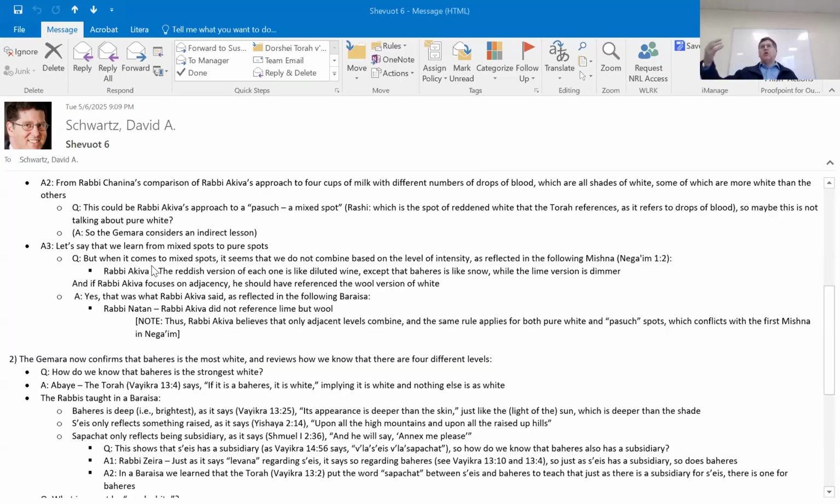The eye would say, where does the stronger light come from? It must be coming from further away than the part right next to it, where there isn't as much light. And so that's going to be umar'eha amok min ha'or. That's going to be deeper than the rest of the skin, because the rest of the skin is going to be darker than the white. And so it's going to look like the white part is the deepest.